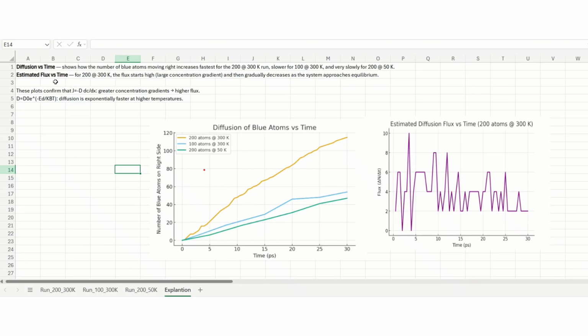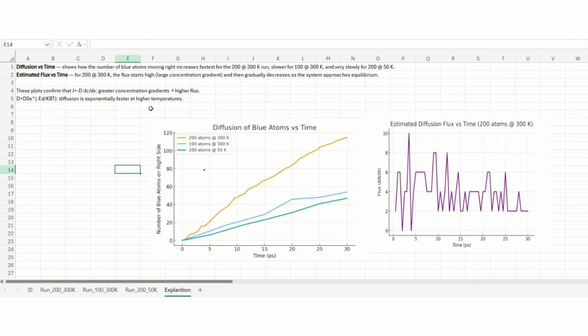For the estimated flux versus time, the flux starts higher and then gradually decreases as the system approaches equilibrium and more atoms get to the right side. These plots confirm that J is equal to negative D dC over dx. This means greater concentration gradients lead to a higher flux, and D equals D naught e to the negative E_D over k_B T.